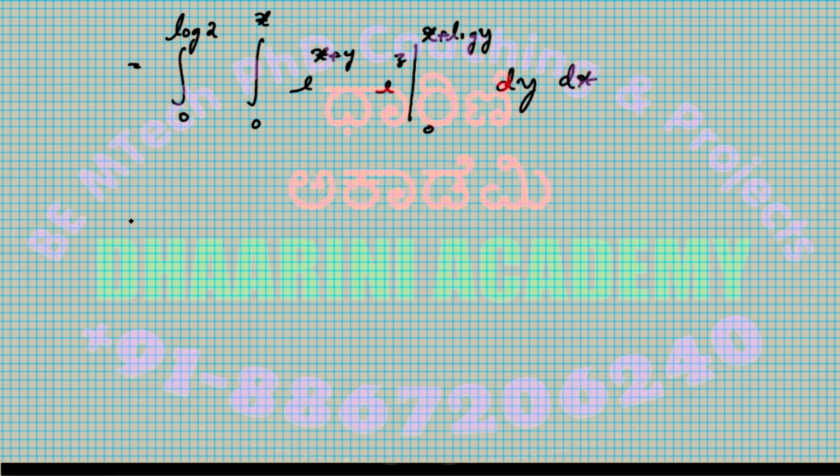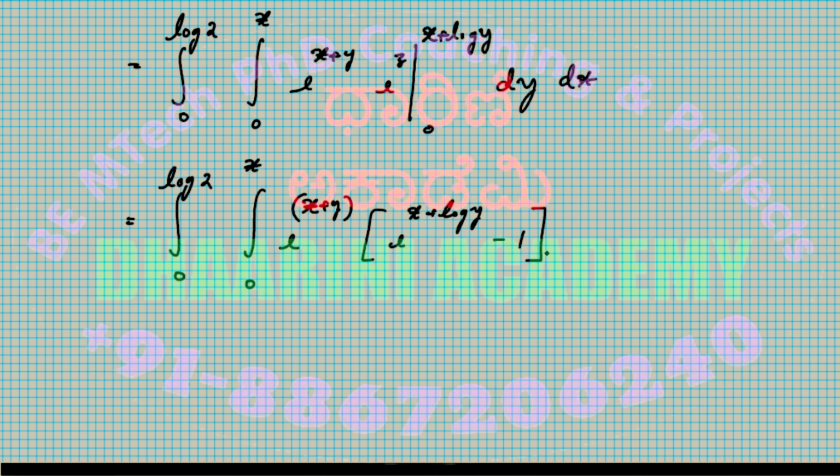Right, so this is equal to integral 0 to log 2 integral 0 to x. Now after the substitution, we have the e to the x plus y as it is. When I substitute, this is z equal to x plus log y and z equal to 0. Z equal to 0 means it is 1, right? So we have dy dx.